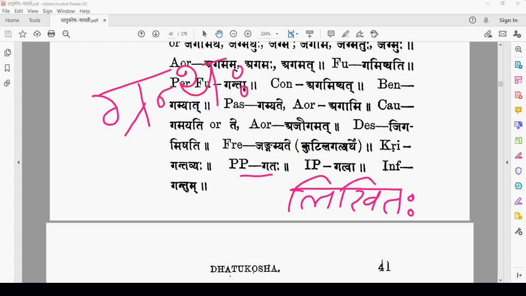Granthah is a composition or a book, you can say, but book is like a bound book, that is pustakam. Here granthah is a composition or a work. So if I want to say, I wrote this grantha, I wrote a grantha.